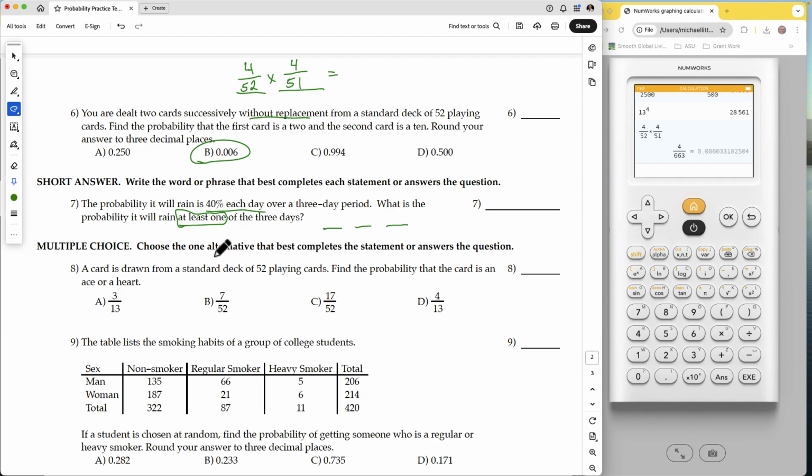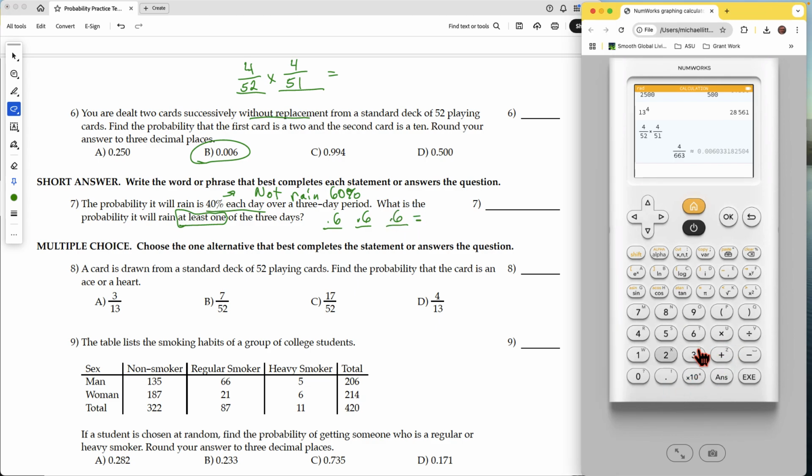So what is the probability it will not rain on any of the 3 days? Well, chance of rain is 40%. Chance of not rain is 60%. So we could calculate that it's not going to rain on any of the days would be 0.6, 0.6, 0.6. So we could take 0.6 raised to the third power.